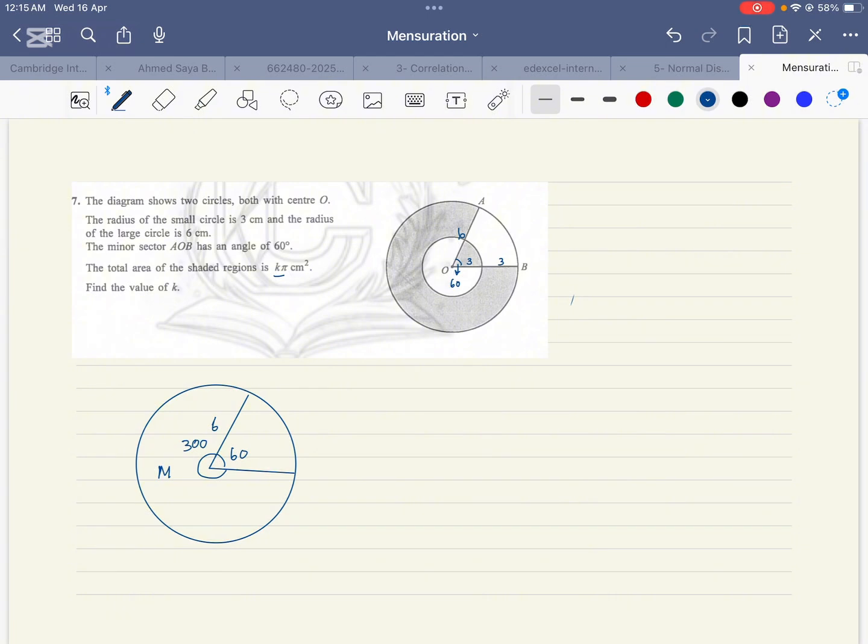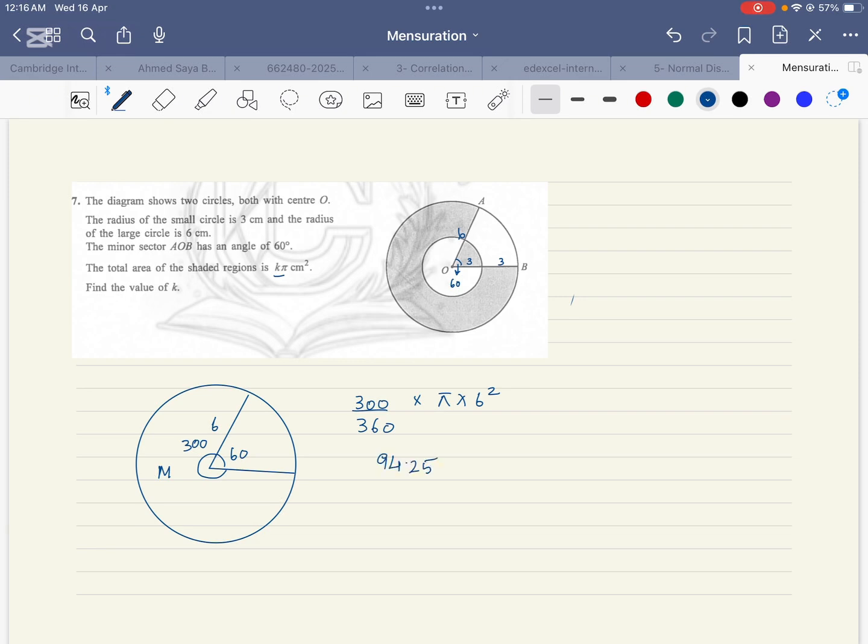Let's reduce the number of steps and find the area directly. 300 divided by 360 multiplied by pi r square. The answer is 94.25. We get the answer.